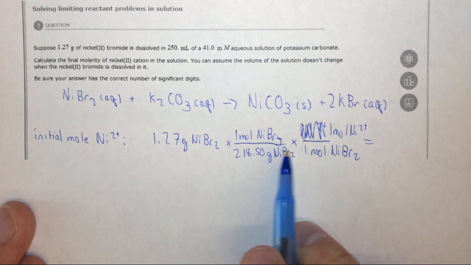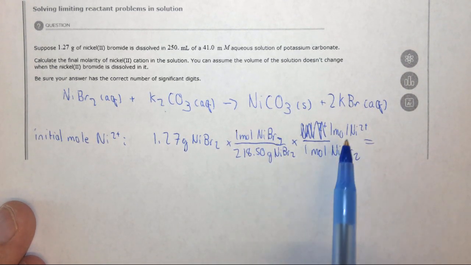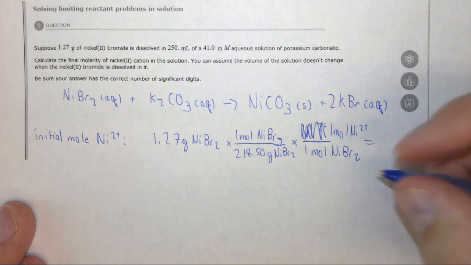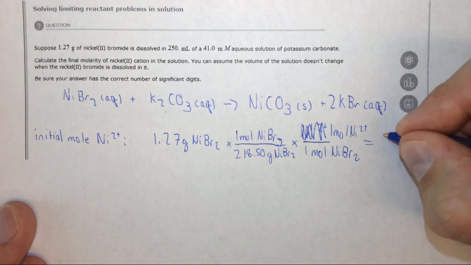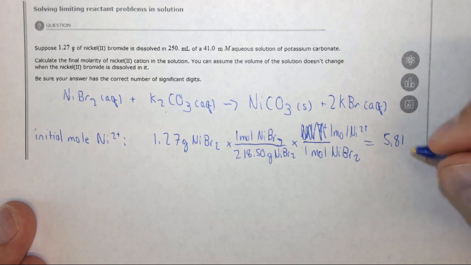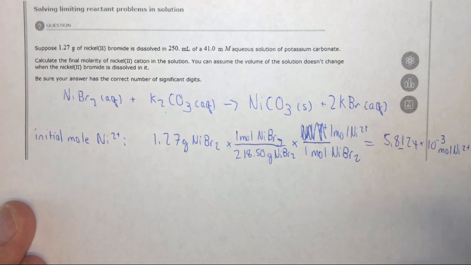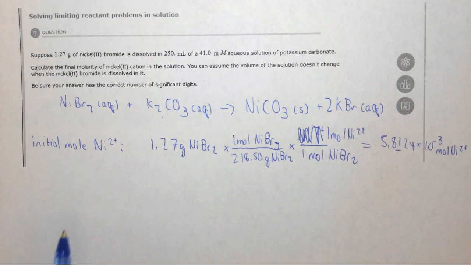Note that if we wanted to find the amount of Br minus, we would have to have 2, because there's 2 Br minuses for every NiBr2. But in this case, it's 1. And we find out that we have 5.8124 times 10 to the minus 3 moles of Ni2+ in this solution initially.